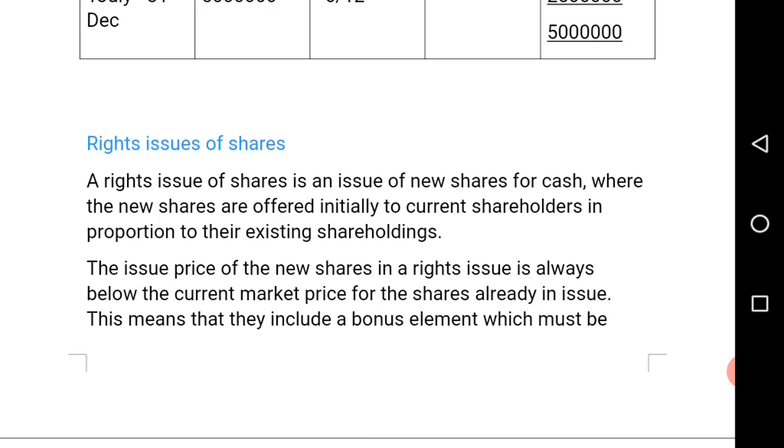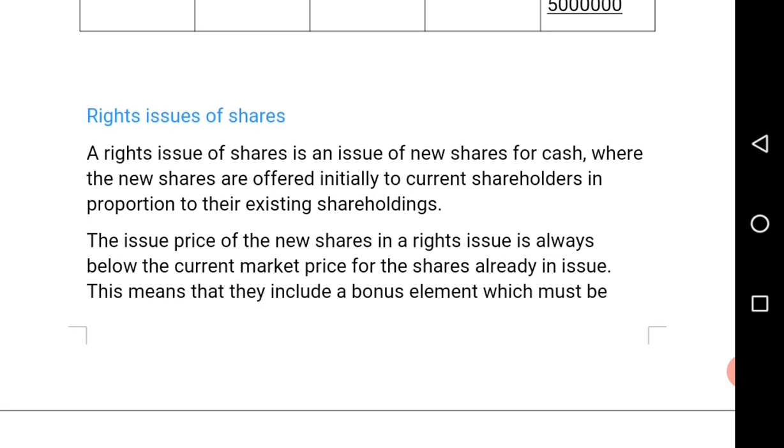It says the issue price of the new shares in a rights issue is always below the current market price for the shares already in issue. This means that they include a bonus element. That's the difference. The discount given to us: instead of a 6 naira share, they sold it to us for 4 naira.